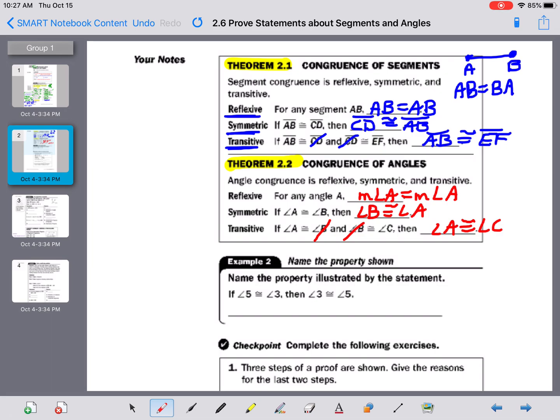Okay, well, it looks like they flip-flopped places across the congruent sign, so I would say symmetric property, okay, symmetric. Now, you could put of angles, but this is not needed for me because I really just want you to work on the properties themselves, knowing that if two things flip-flop across, that's symmetric property, okay?